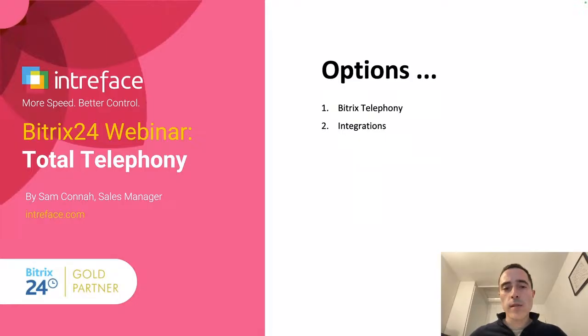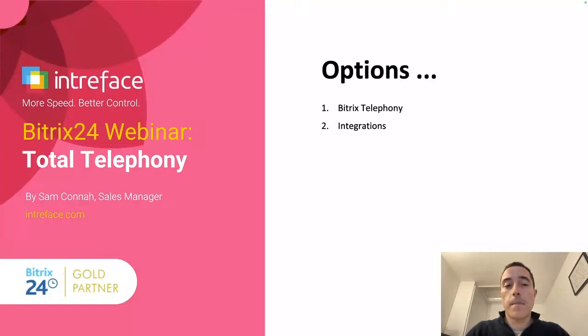Okay, so let's just delve now into the different options that we have for telephony. As we can see here, we have two options. Option 1 is Bitrix24 Telephony. To be clear, when we say Bitrix Telephony, this is where we're renting a number from Bitrix24.